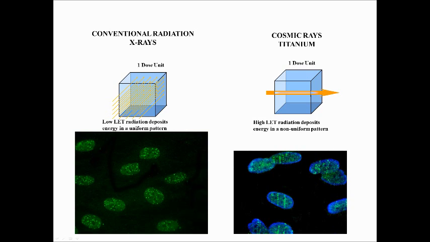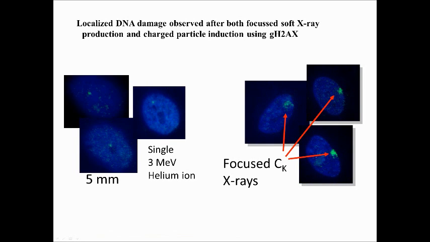So, okay, let's assume this is the same dose unit for low LET and high LET: the distribution of the energy and the position of the events are completely different, okay? And the probability of some of the events occurring is different too. So this is a completely different universe that we need to think about.